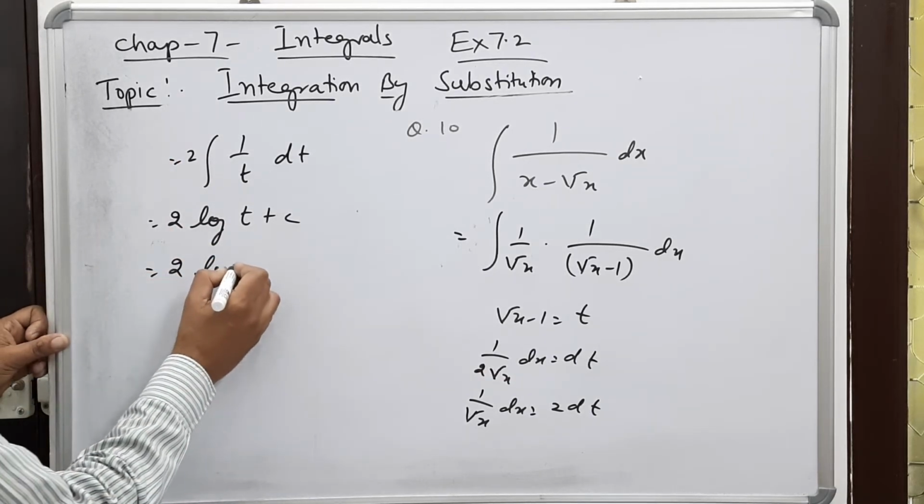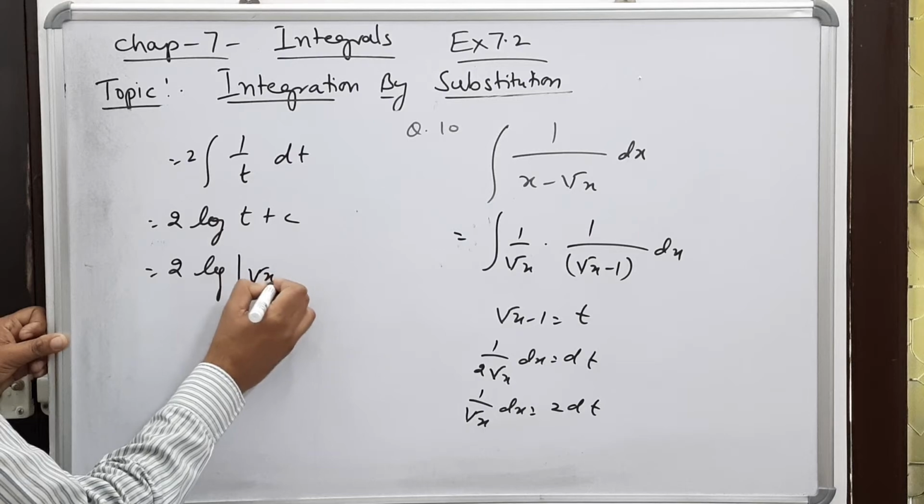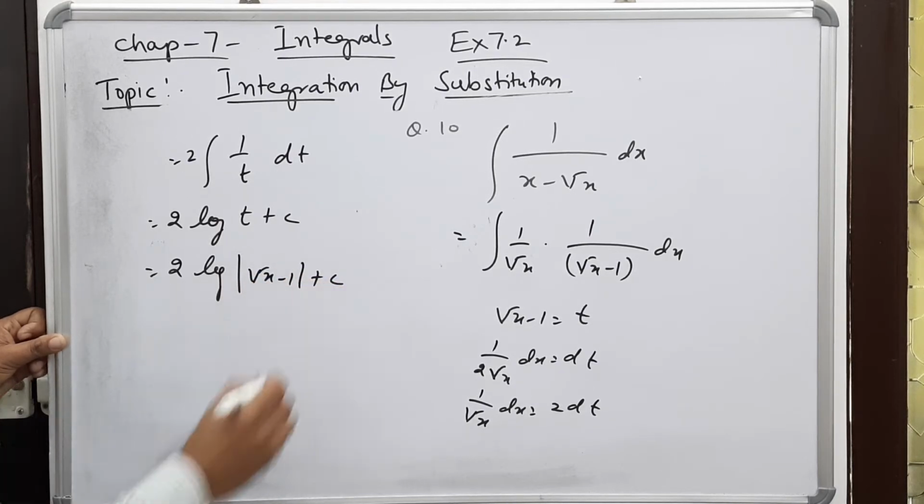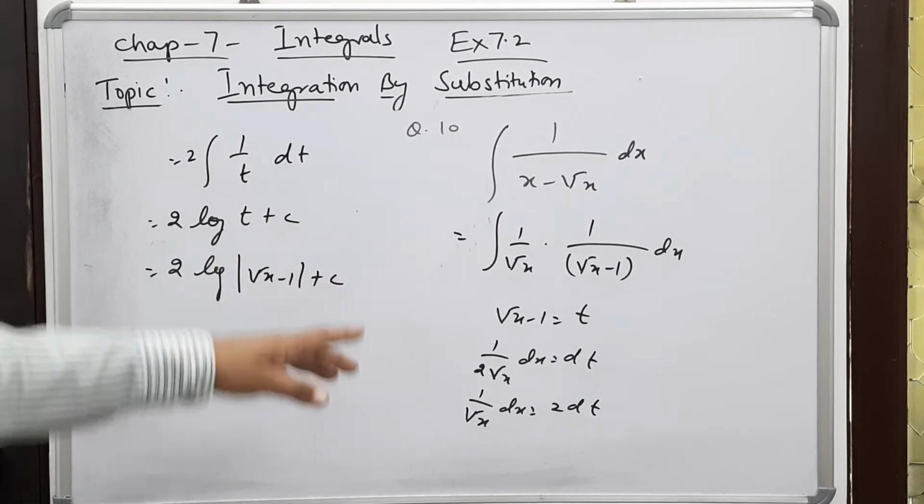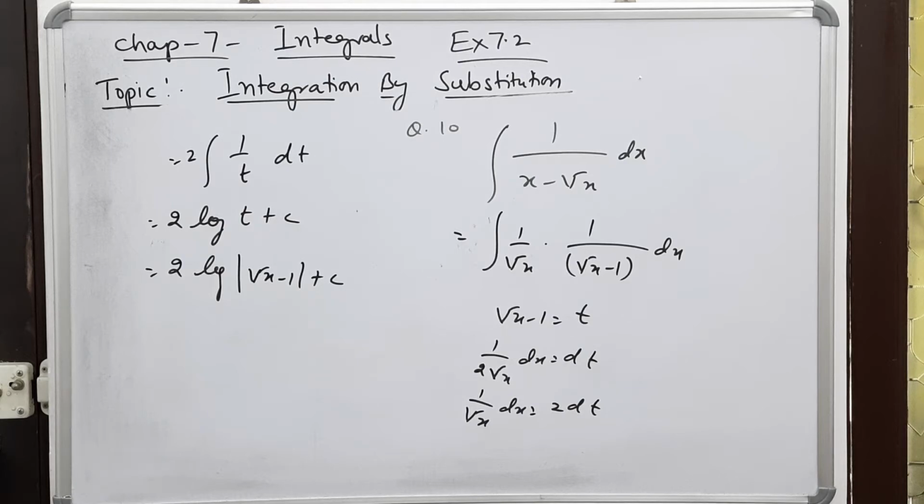So now it is 2 log of root x minus 1 plus c. So in this way we can find the integration of this particular part. These types of sums are based on practice. If you do more and more practice, things will be more clear to you. I am taking the next problem.